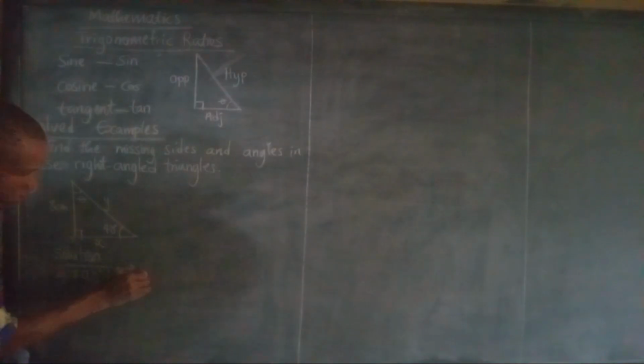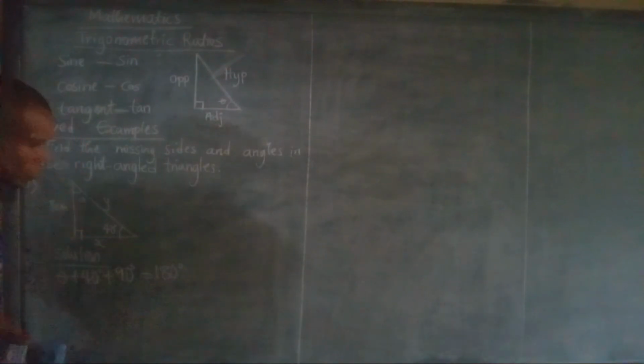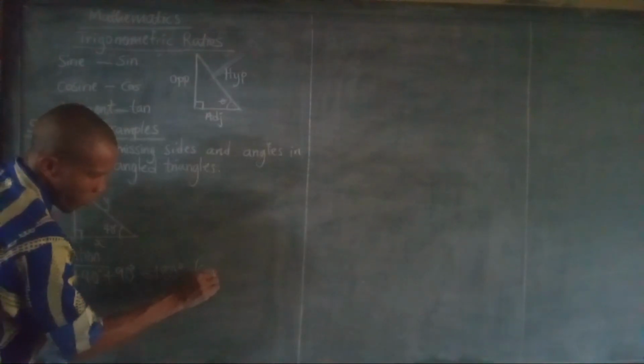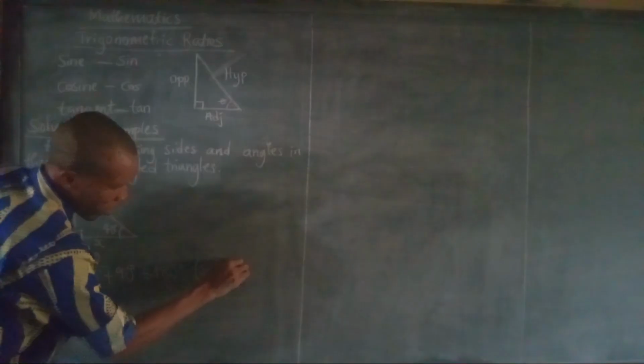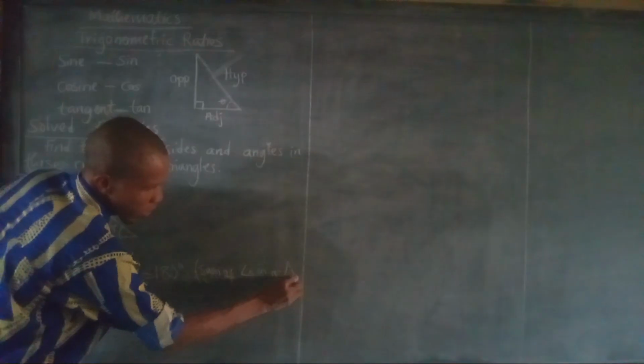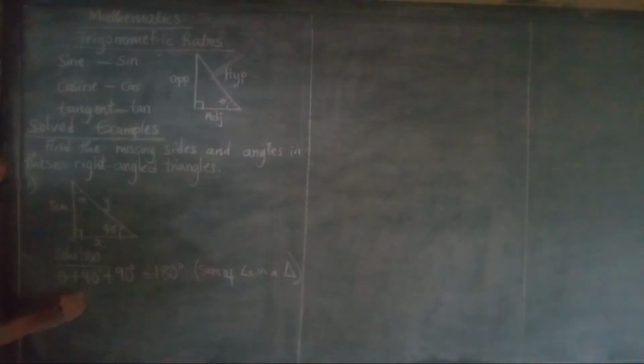How did you get the 90 degrees? Don't forget the right angle here implies 90 degrees. Why? Don't forget, the sum of angles in a triangle equals 180 degrees. Good. So theta now plus 130.